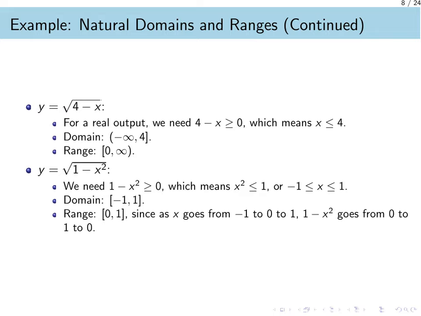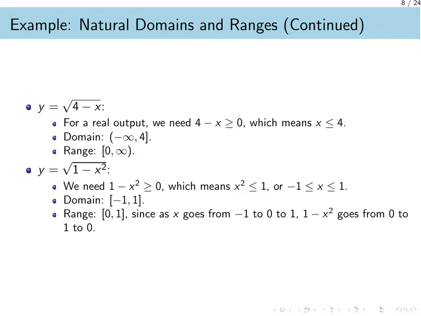Now consider y equals the square root of 1 minus x squared. Here, we need 1 minus x squared to be non-negative, which is only true when x is in the closed interval from -1 to 1.